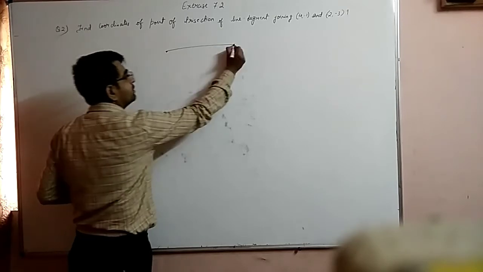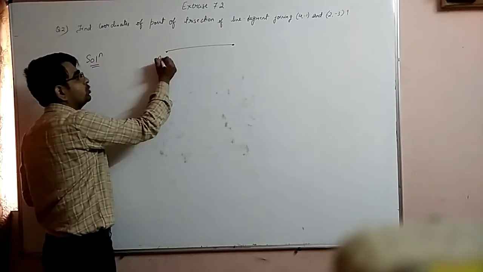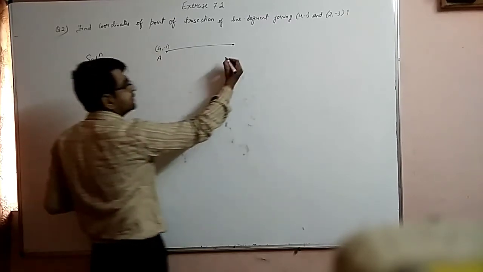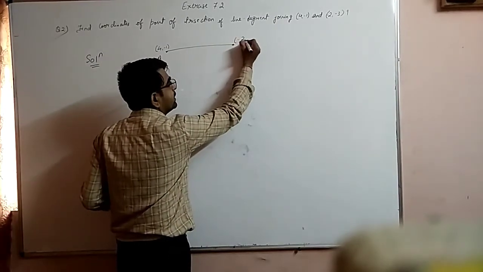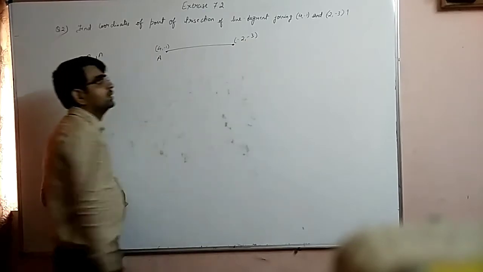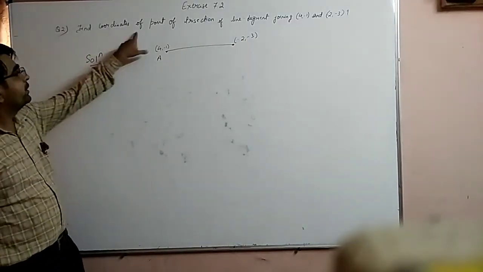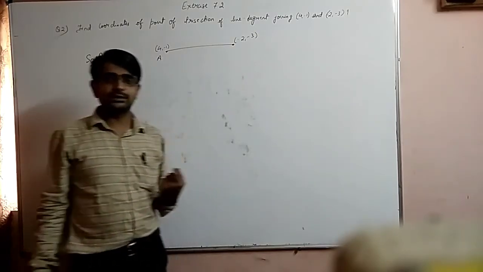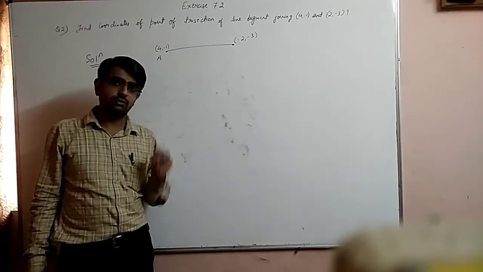I will show you the demonstration. Suppose these are 2 points. Say this is (4, -1) and the second one is (-2, -3). Now we need the coordinates of the points of trisection. What do you mean by trisection? Trisection means 3 equal parts.